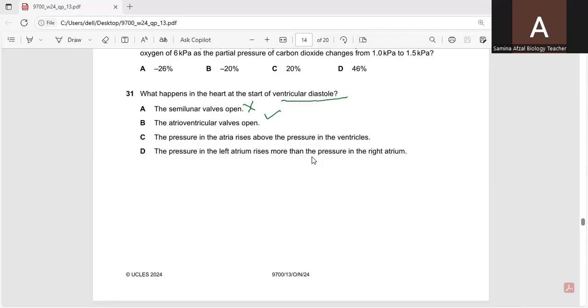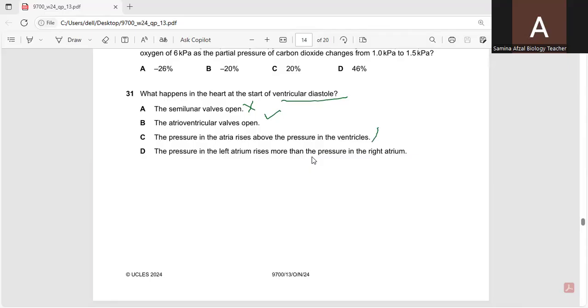Yes, when the atria have higher pressure than the ventricles, the atria will push the blood towards the ventricles. At that time, the atrioventricular valves will be open, and the blood will move from the atria towards the ventricles.